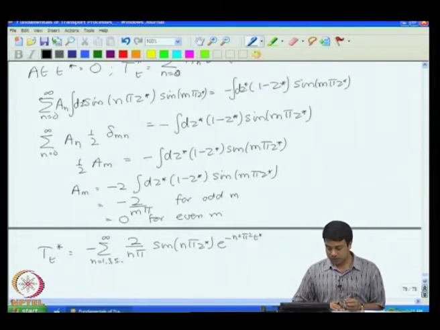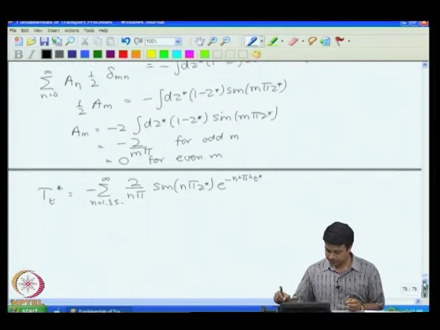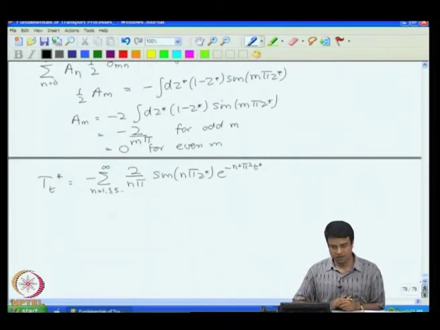So, that is the final solution for the temperature field. This is only the transient part. You can see that it is equal to 0 at z equal to 0, it is equal to 0 at z equal to 1. It is equal to 0 in the limit as t goes to infinity. Everything that was required of the transient part of the temperature field.